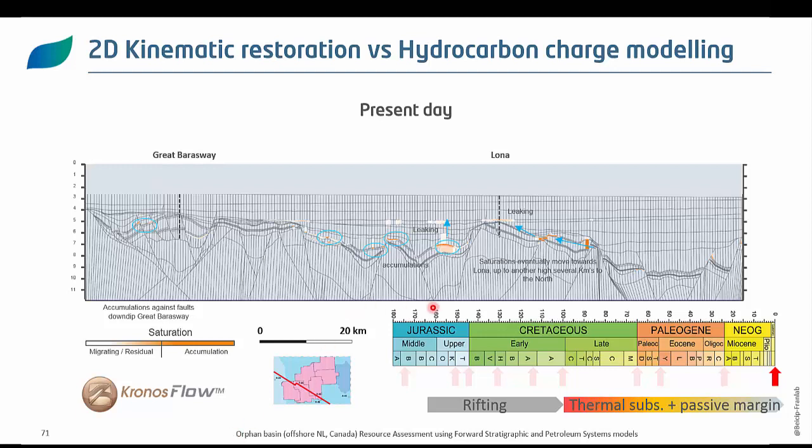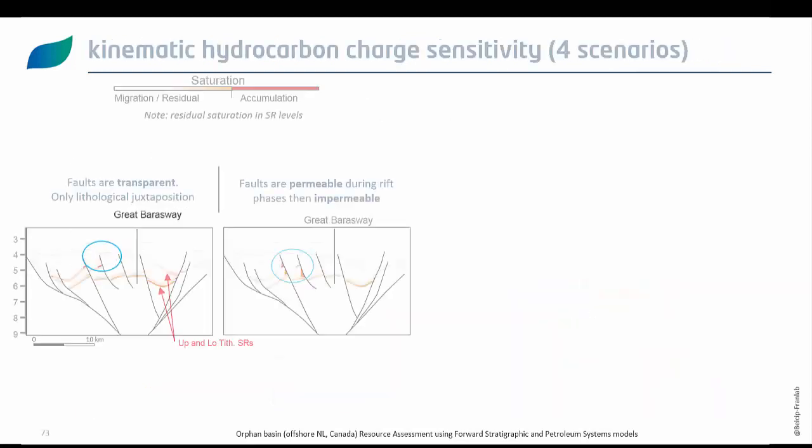All accumulations are trapped against faults. Around Lona, weak hydrocarbon saturation eventually leaked into the tertiary. There's no accumulation at the well, and especially not in the Mesozoic. Well, it seems like the fault behavior is very important for hydrocarbon migration, and let's see how important.